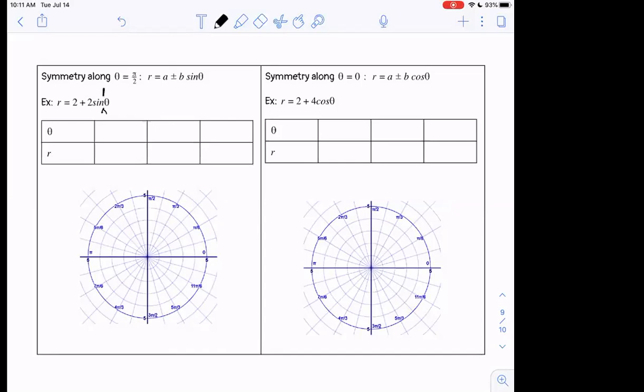So I'm just going to do nice unit circle values, meaning I'm going to choose 0, pi over 2, and pi, because those are values where sine is either 0, 1, or negative 1. And so it'll make the mental math easier, right? When we have a table, the goal of the table is to make it easier for ourselves.